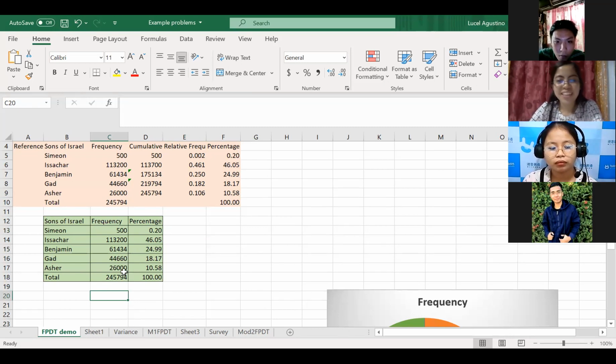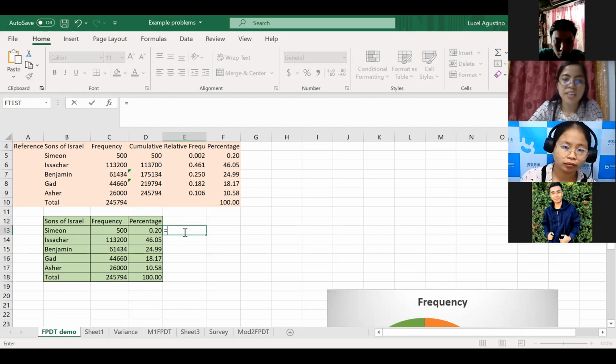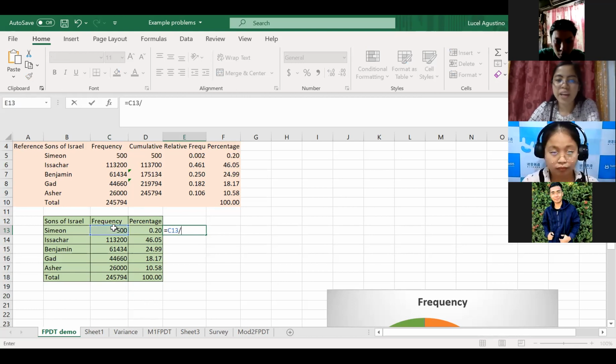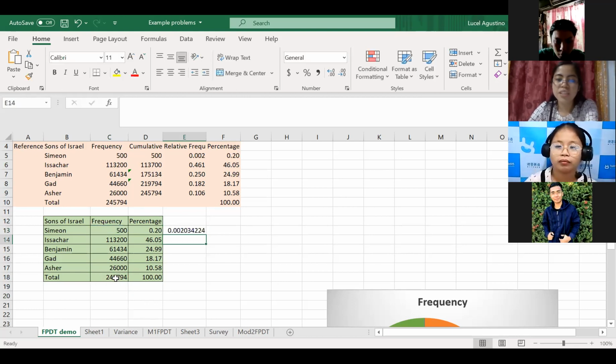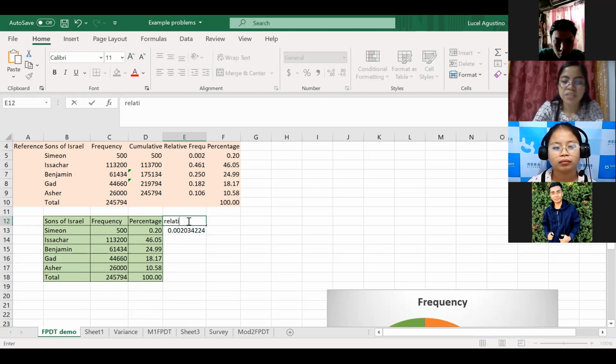So i-compute na ninyo. So for Excel, i-equals niyo ang value divide sang total. So that is already the relative frequency. So times mo siya sa 100. So this is the relative percentage.